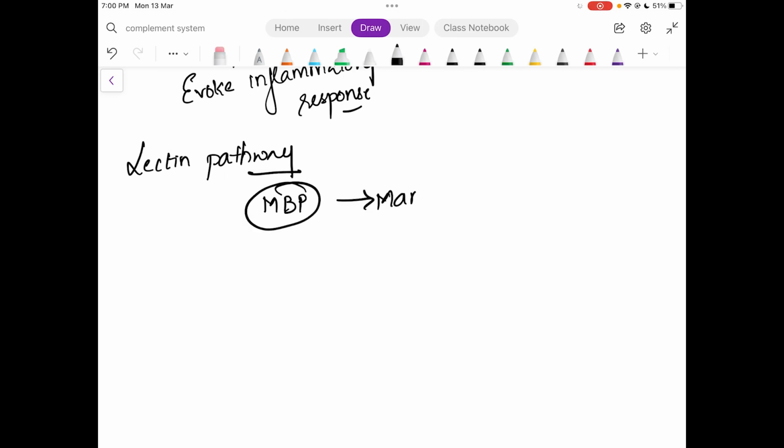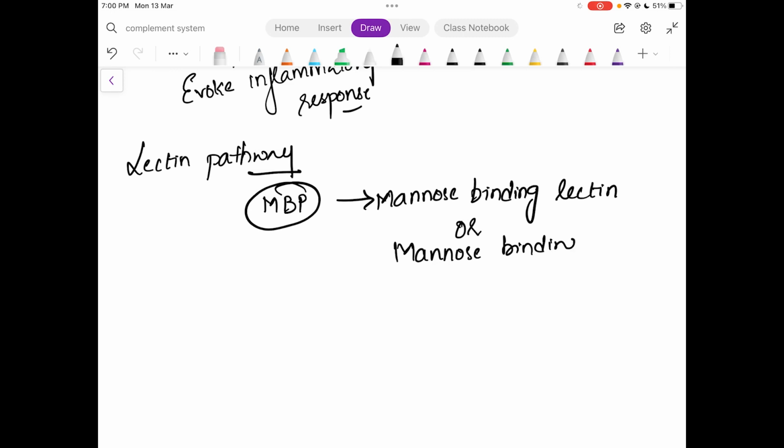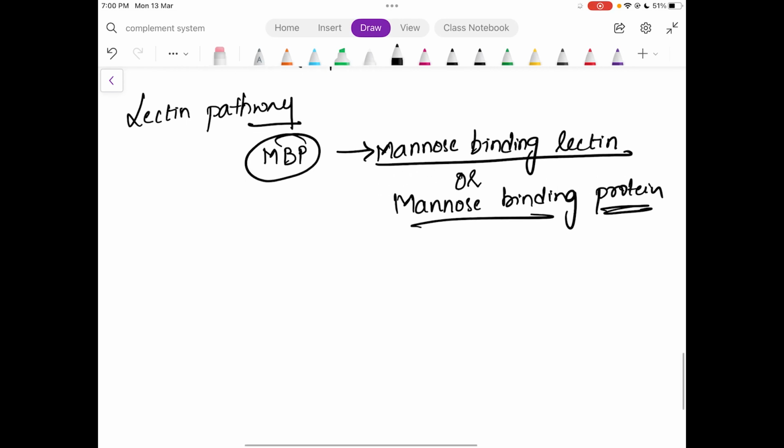This is called mannose binding lectin, MBL, or it can also be called mannose binding protein. This protein will bind with polysaccharide.